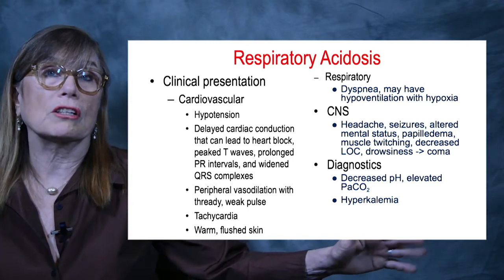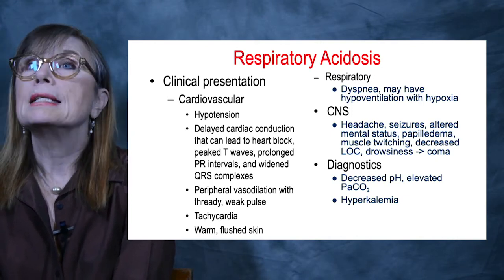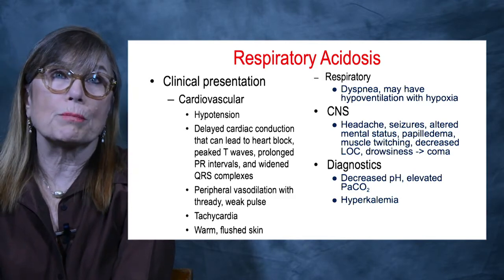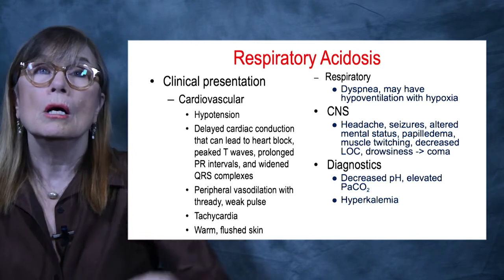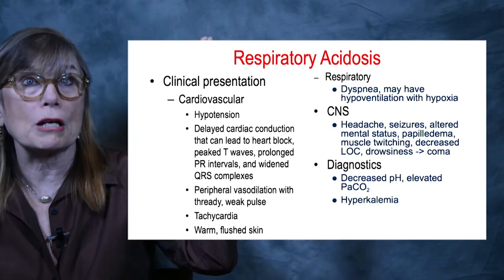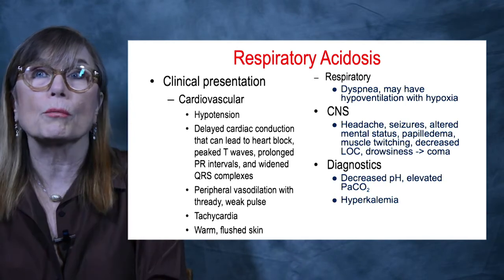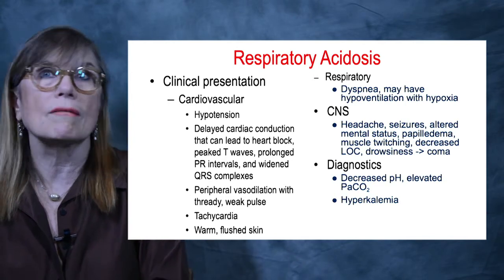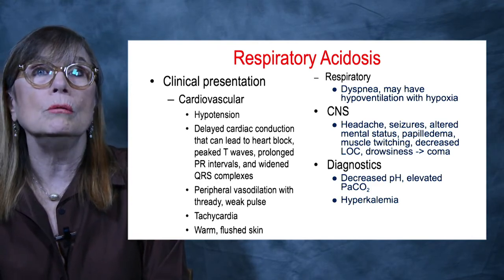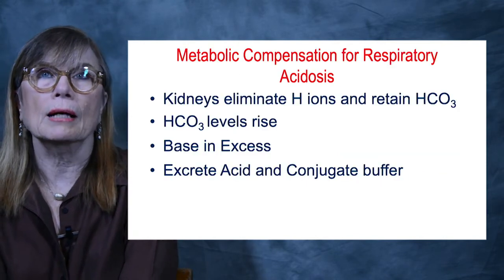Sometimes you'll have very significant peripheral vasodilation with weak thready pulse, tachycardia, warm flushed skin, dyspnea and hypoventilation with hypoxia, and oftentimes with respiratory acidosis, as you're retaining CO2, the cerebral vessels will engorge and you'll get a very significant headache. If we were measuring your ICP, that would be elevated. You can have seizures, altered mental status, changes in pupil response to light, twitching, change in level of consciousness. And all we need to do is look at your pH and your PaCO2 and then see the reflection also, of course, of serum hyperkalemia.